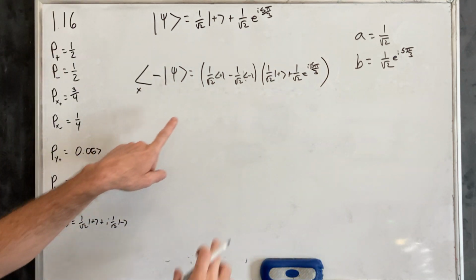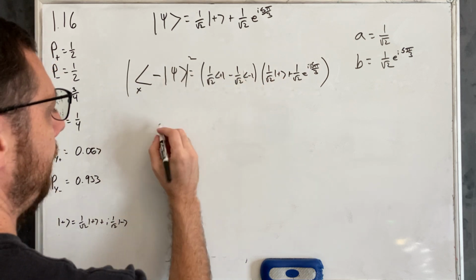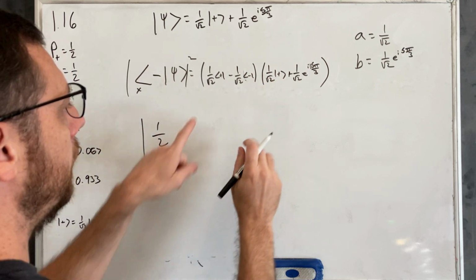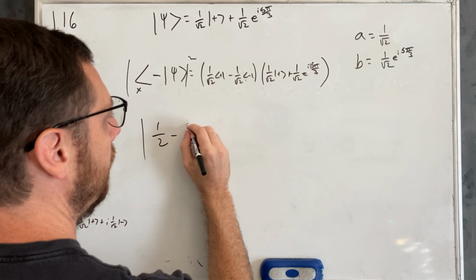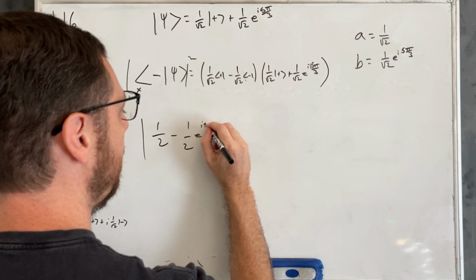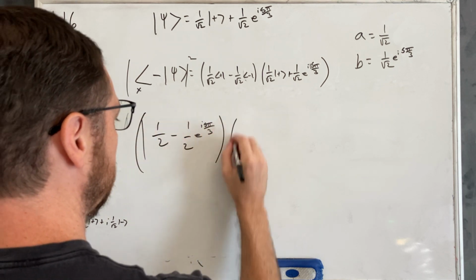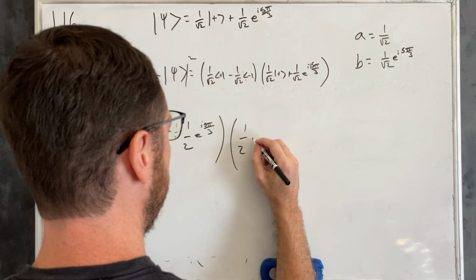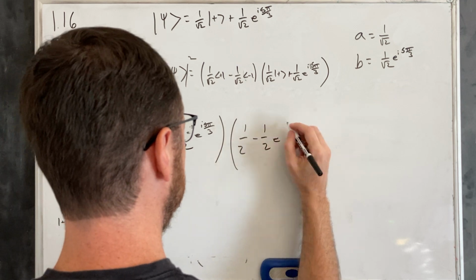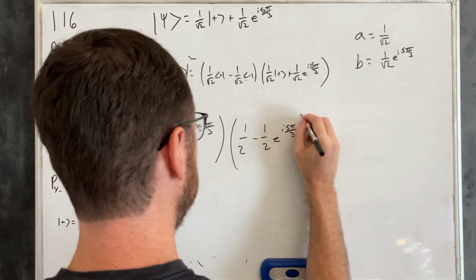All right, so we have our 1/2 right here, 1/2, and we have minus 1/2 e to the I 5 pi over 3. All right, see what happens when we square this.